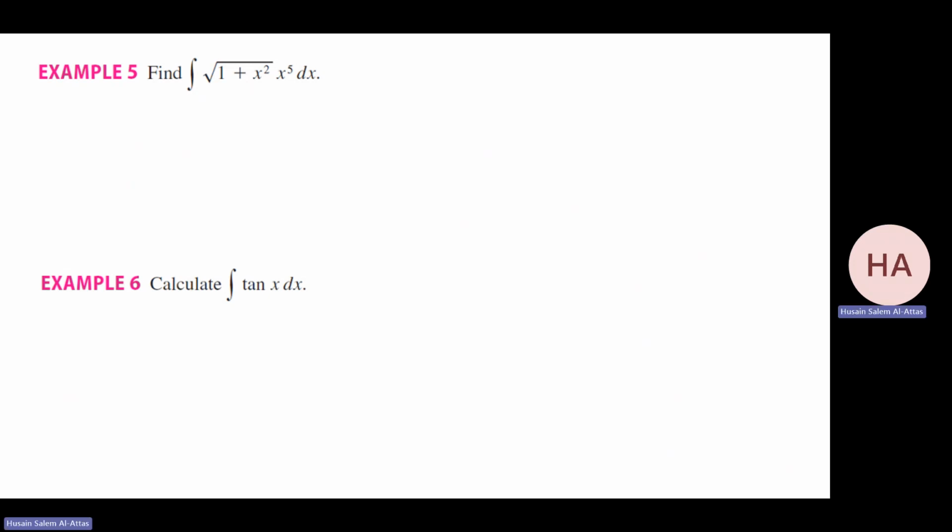What will we do here? This one, if I let u equal 1 plus x squared, what will be du? Du will be 2x dx. I have here x to the power 5, I don't have x only.